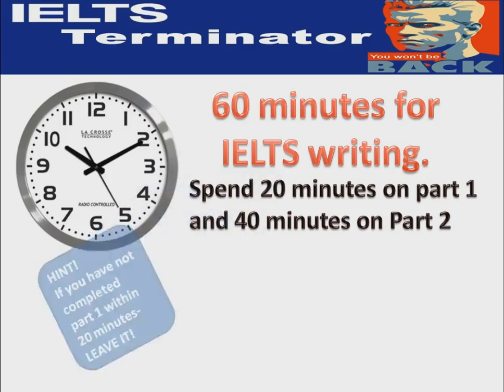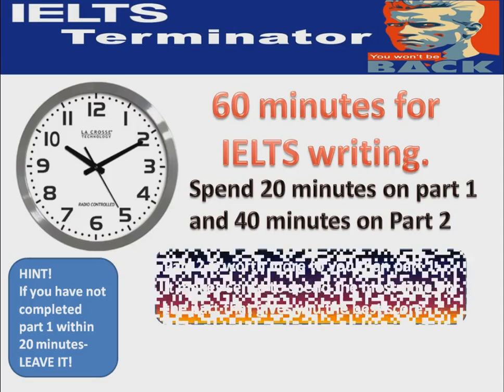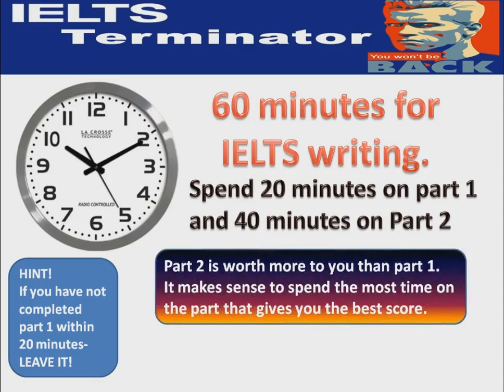If you've not completed Part 1 within 20 minutes, leave it. Really, leave it. Why? Part 2 is worth more to you than Part 1, so it makes sense to spend the most time on the part that gives you the best score.